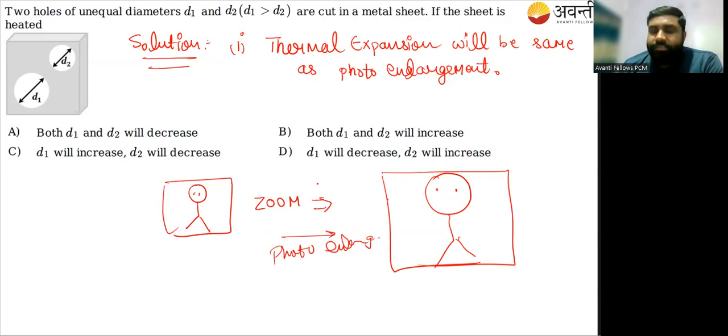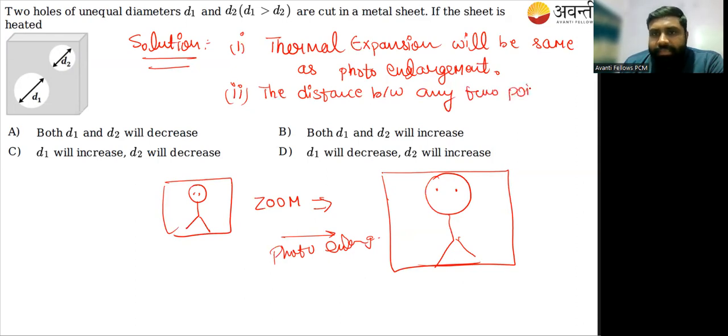In photo enlargement, what will be happening here? The second point: the distance between any two points will increase. You can see it here: the distance between the eyes is this, and here the distance will be greater.